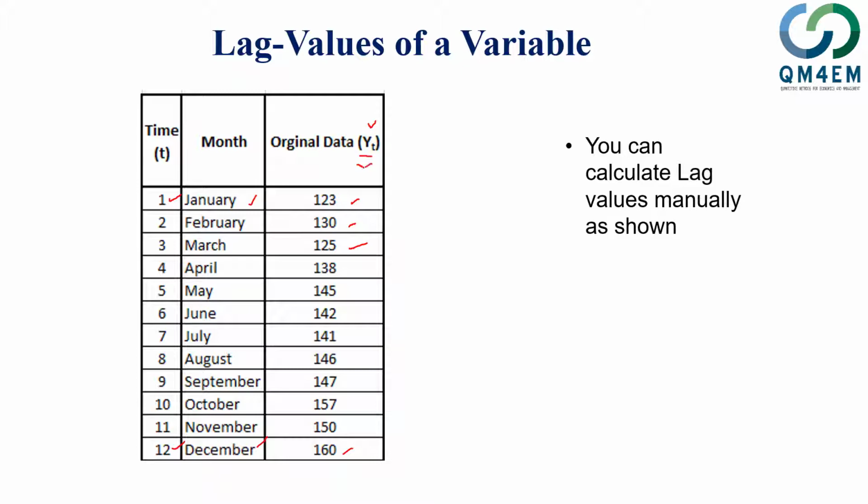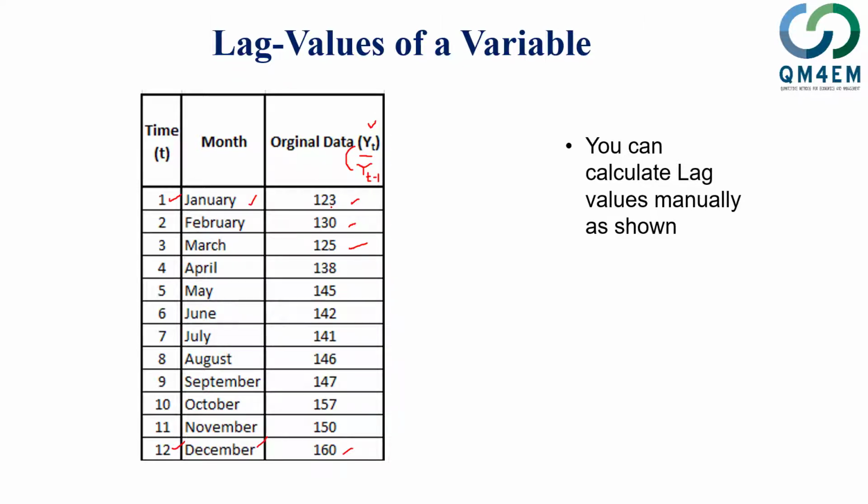YT minus 1 refers to YT measured in the previous period, and autocorrelation is just the correlation between these two variables. YT I know. From where does this YT minus 1 come? Well, I can calculate that from my original data.